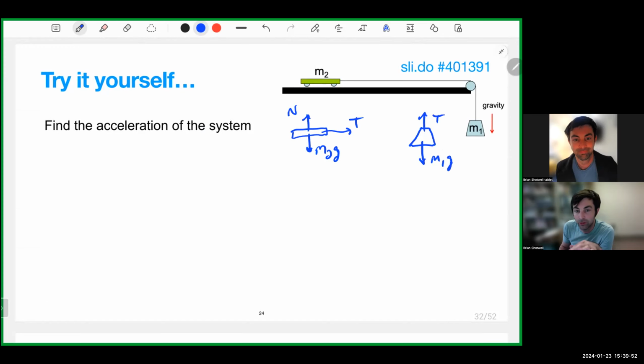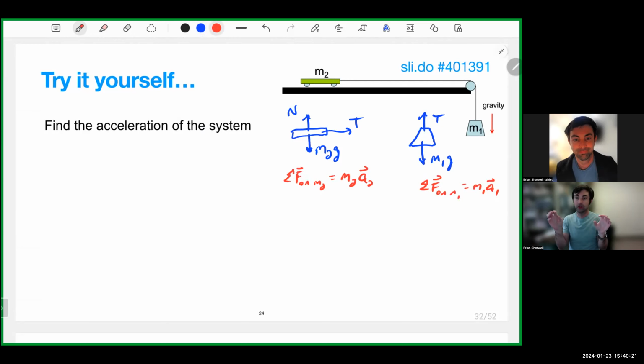Now for each of these separate objects, Newton's second law applies. So you have the sum of all the forces on m2 is equal to m2 times its acceleration, a2. And then separately, you have the sum of all the forces on m1 is equal to m1 times its acceleration.